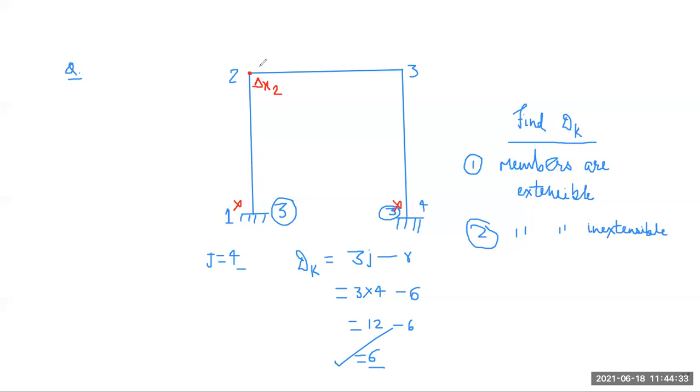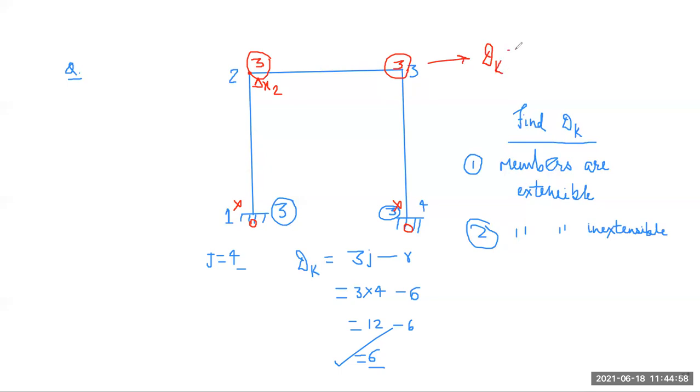So here you have three, here also three, and at the fixed supports zero. So 3 and 3 make the degrees of freedom 6. Our Dk value is 6 and the degree of freedom is also 6.